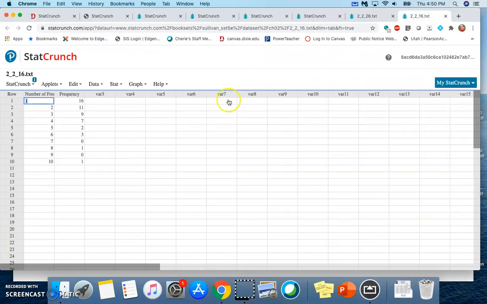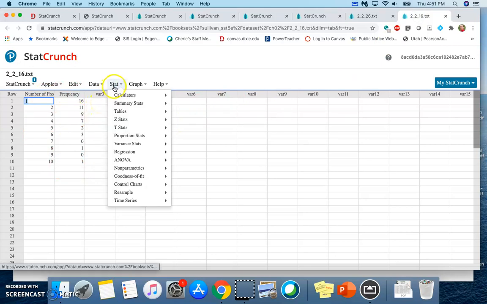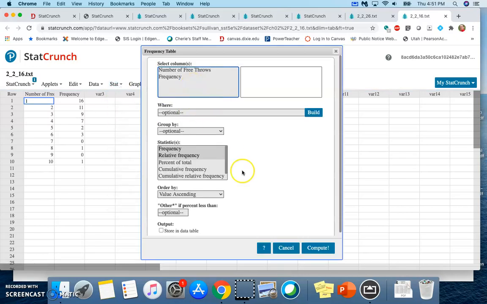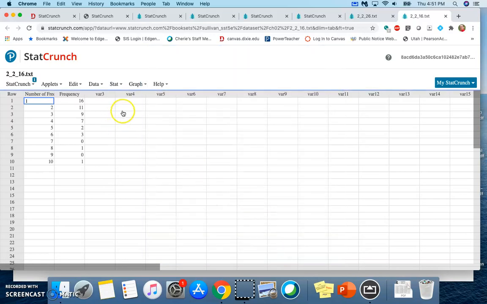Okay, so I'm going to come over here. Here is all of my data that I've already input. I'm just going to go over to Stat, Tables. Actually, there's a workaround when I don't have the hard data.